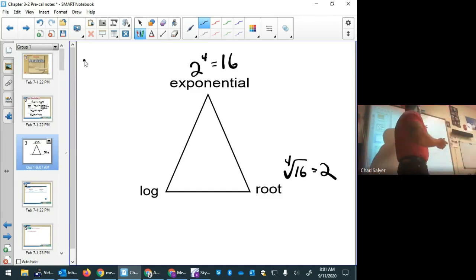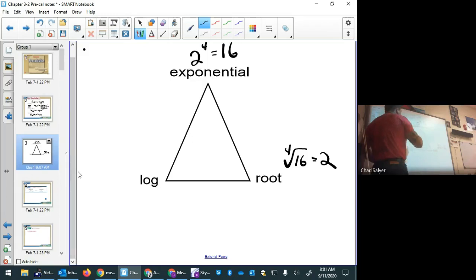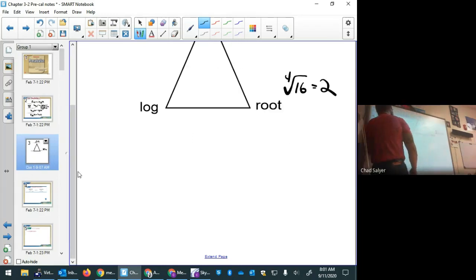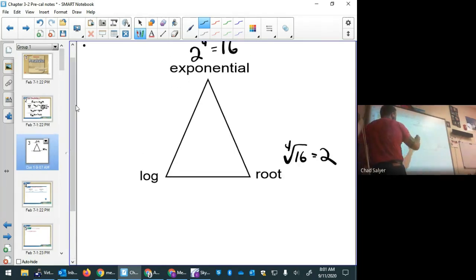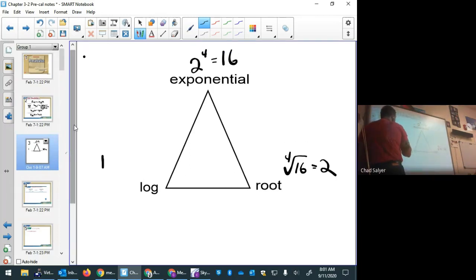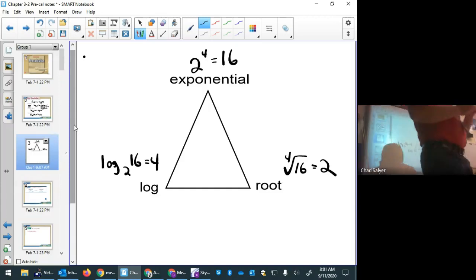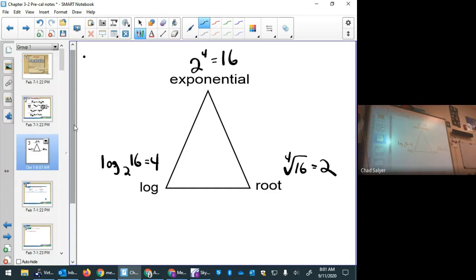So there's three values here, and there are two outputs. Well, there's a third edge to this triangle, a third related operation, and it is the logarithm. So for this same relationship, I can say the log base 2 of 16 equals 4. So those are all ways to say the same thing.